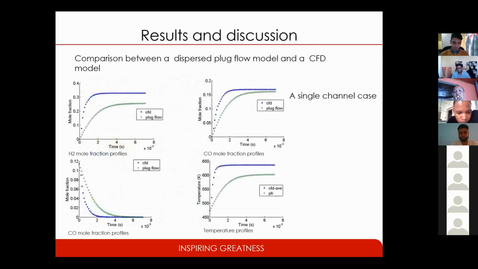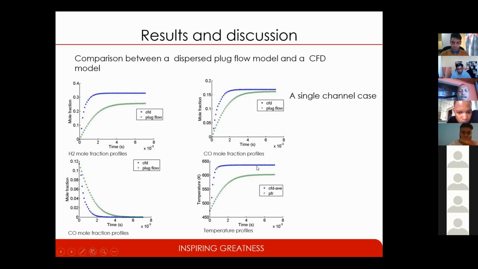Now, what we did as the first step, remember we wanted to use the effectiveness factor approach that I spoke about. So we just used the single channel monolith and the plug flow model without the effectiveness factor and compared these two. As you can tell from these graphs, the CFD model and the plug flow model give results that are quite different.